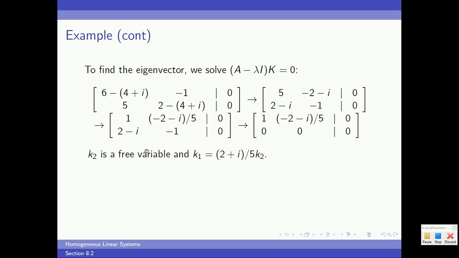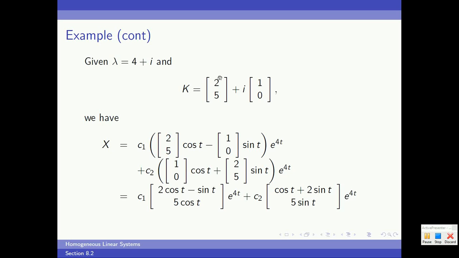Here my K2 is free, and my K1 is 2 plus i, because we're moving this over, divided by 5 times K2. I'm letting K2 be 5. Again, I don't like those imaginary ones. So my K1 is 2 plus i, and my K2 is just 5. So this is my real part, this is my imaginary part.